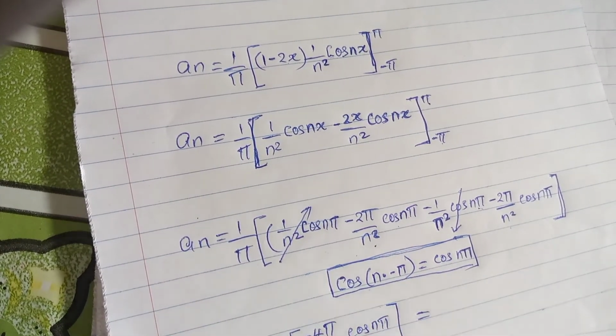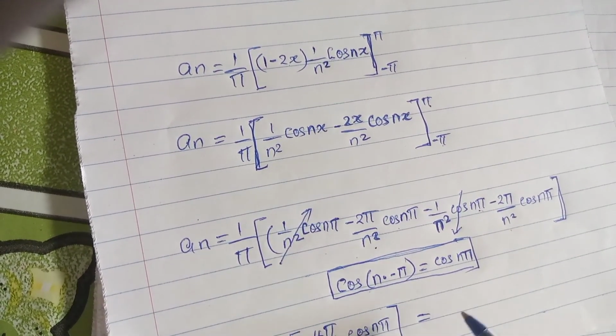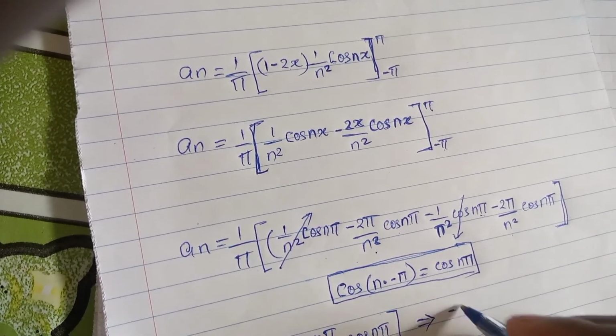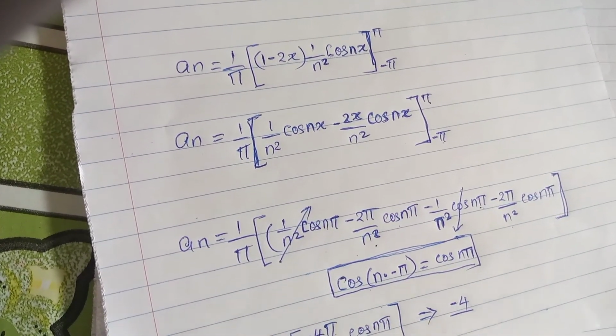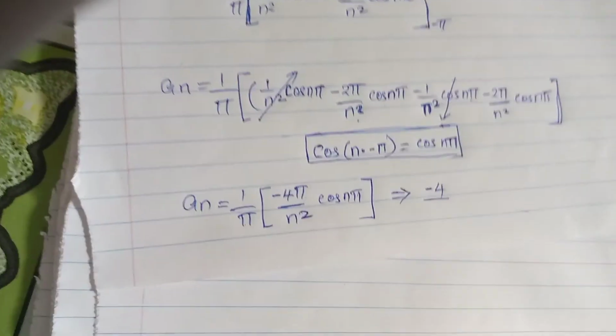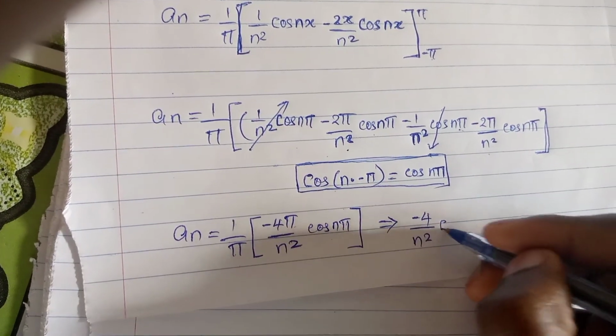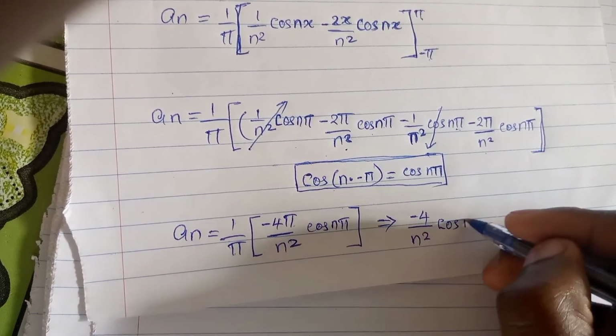So when you simplify, pi will cancel with the pi, and I'm going to get negative 4 divided by n squared cos n pi.